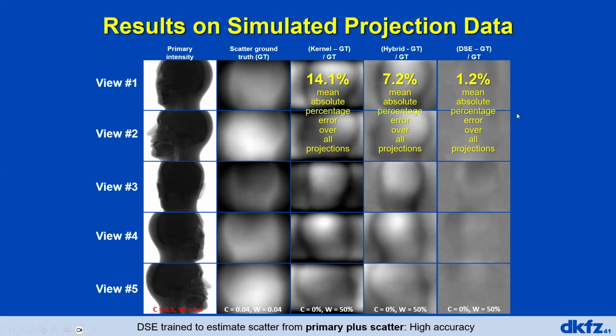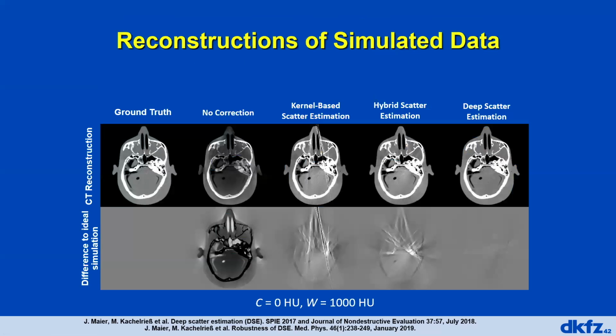And we could illustrate that using this deep scatter estimation, we are accurately able to predict scatter and, of course, also to correct for it. And we can do that better than other conventional algorithms. This can also be seen from the actual reconstructions. The left-hand side is the ground truth image. Next is an image without correction, so it's degraded by severe scatter artifacts.